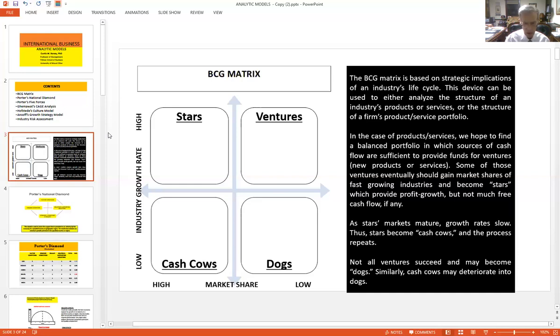Now, as the life cycle and the industry mature, the growth rate will slow down. And so we'll move down from high growth to not so high to low.